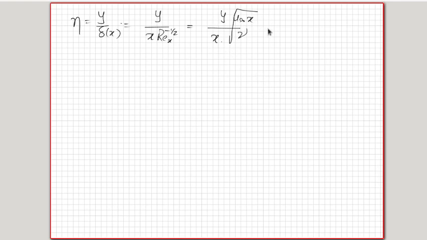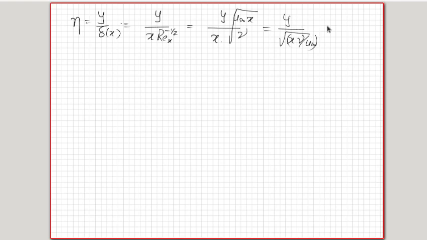Then there is an x on both sides which will get cancelled, so you would actually get y divided by square root of x nu divided by u infinity. Okay, so this is basically what you would get. So this eta would actually be y by square root of x multiplied by this.